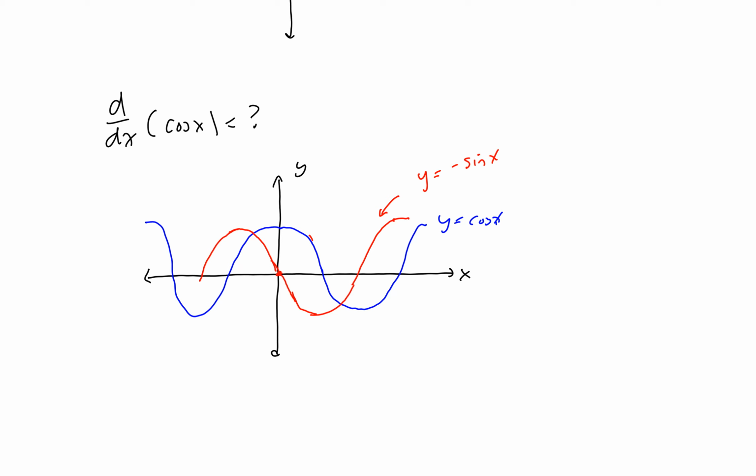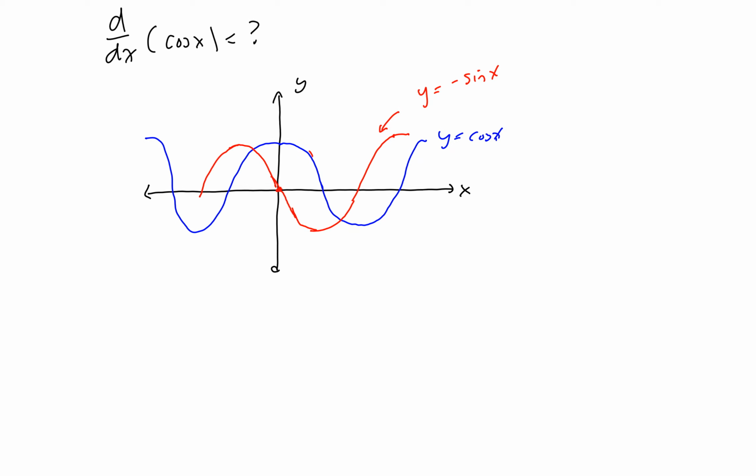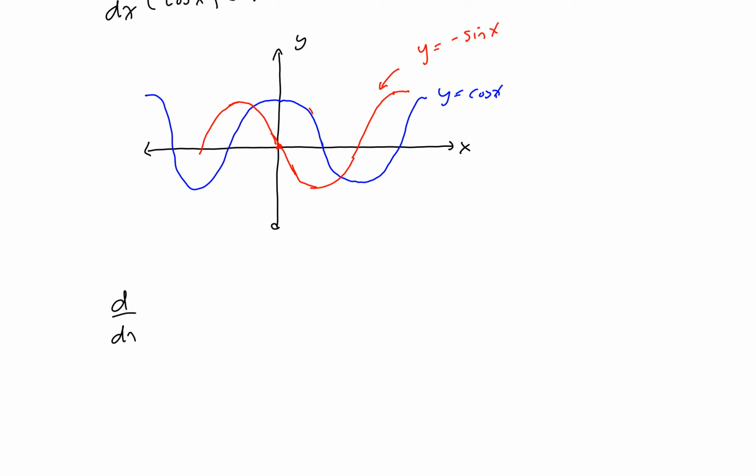So the derivative of cosine of x is negative sine x.